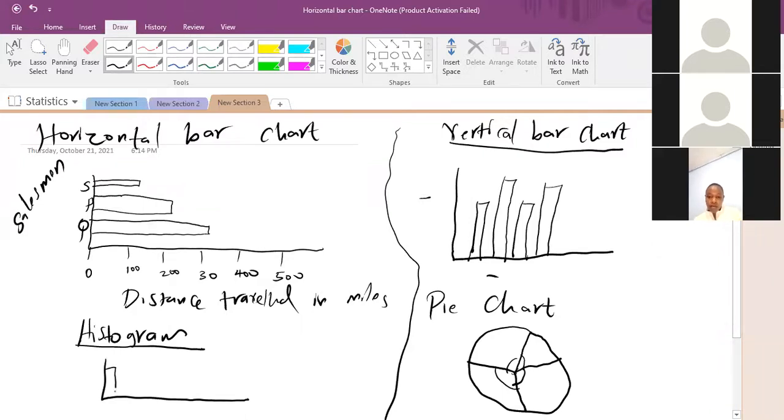So for the histogram, we'd have our bars like that, with your X axis here, having the X values of whatever you're representing, and this is your Y axis, having the values of whatever you're representing on the Y side. So this is it, guys.